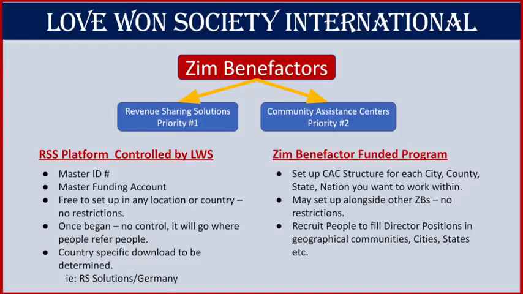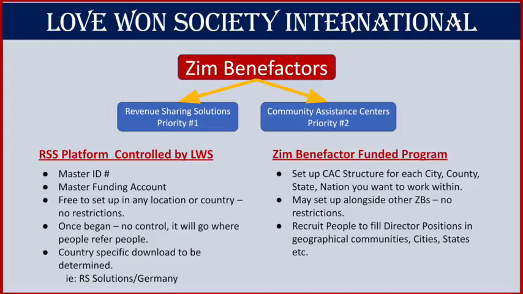Now, we'll give policies on how to do things and training and so forth, but keep in mind that you are the ZIM benefactor. You are the one who is in charge of the use of your money. So you will always have control. We never take control of your money. The only way that we even get funds from you is through your master account, and then that's drawn down according to the program.